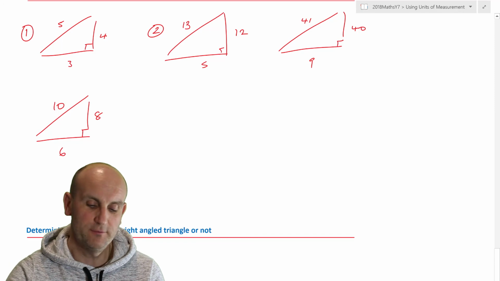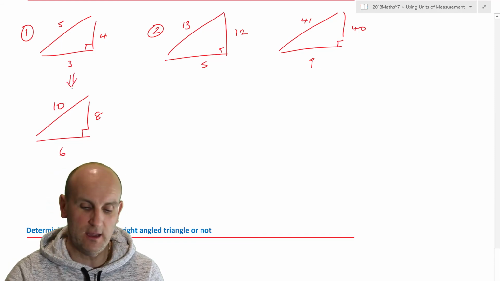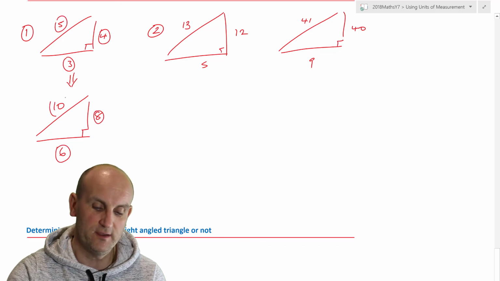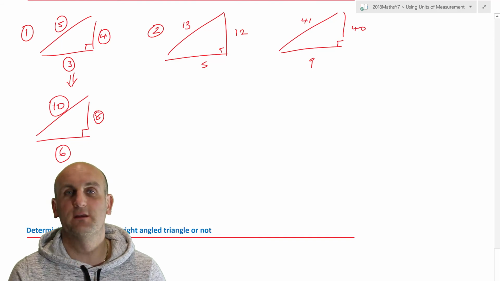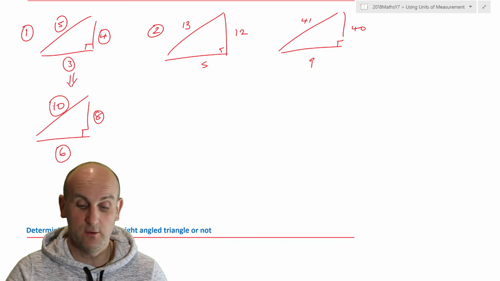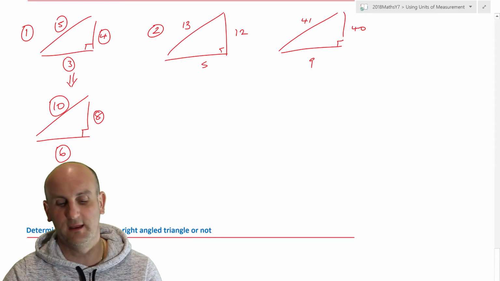Well, the reason I've drawn it underneath that triangle there is because if you look at how I have gone from 3 to 6, from 4 to 8, and from 5 to 10, I have doubled the sides. Now, if the sides have all doubled, then that triangle will still be right-angled. And so, yes, 6, 8, 10 will also be a Pythagorean triple.